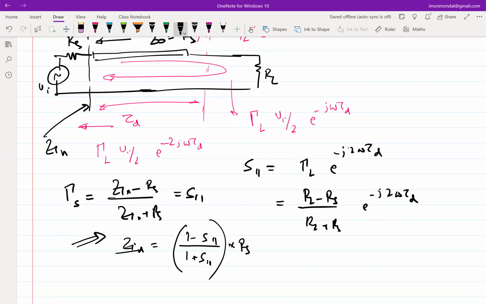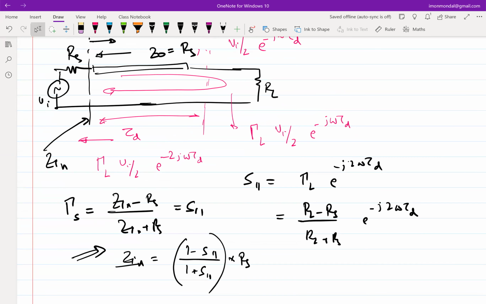Is this Zin a complex quantity or a real quantity? It's a complex quantity. Now, if I am not careful, why is this complex quantity coming? Because I have this long line. So what I am saying is that in the lab, I have only connected a metal wire, which is supposed to have zero impedance, connected a load at the other side of the metal wire, and I'm trying to find out the impedance looking at this side of the metal wire. I know that S11 is the reflection coefficient, this minus that by this plus that. I find out Z11 and I suddenly get a complex imaginary impedance, right?